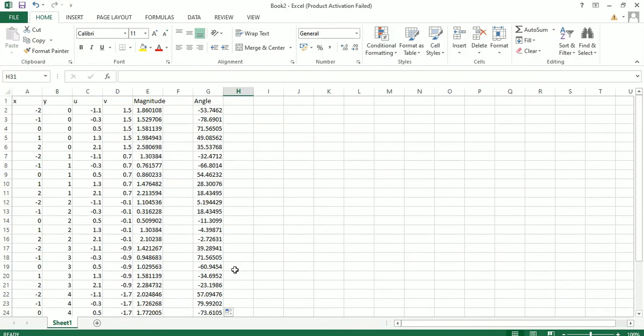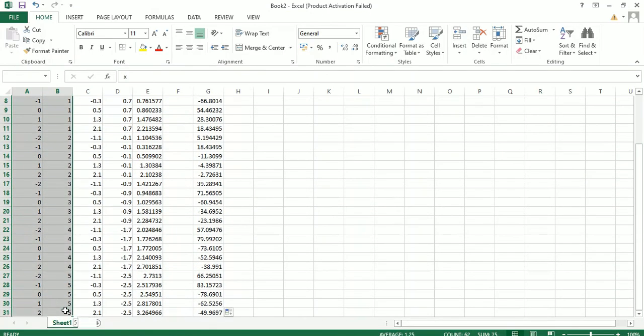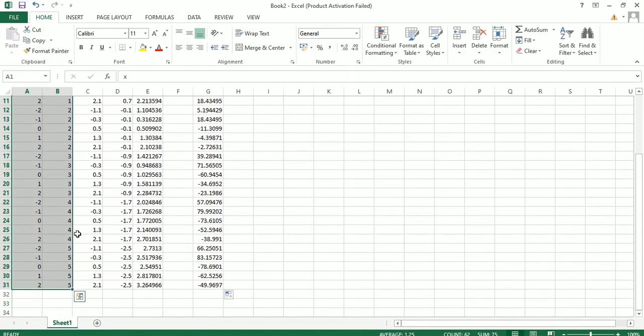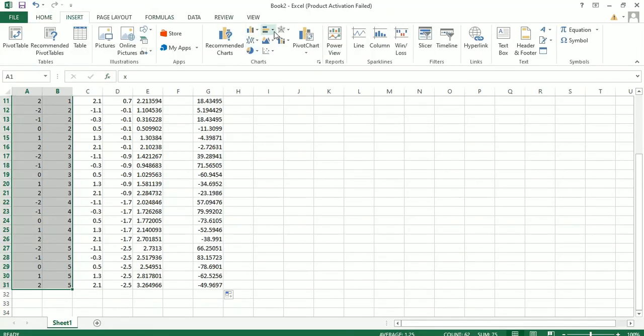So this is how to generate your table. From here, you will use the table for your plot, to see how the points will be plotted. To see how the x and the y values will be plotted, you can just select this. And then when you select that, you go to insert, then you go to the graph section, then you click on the charts.